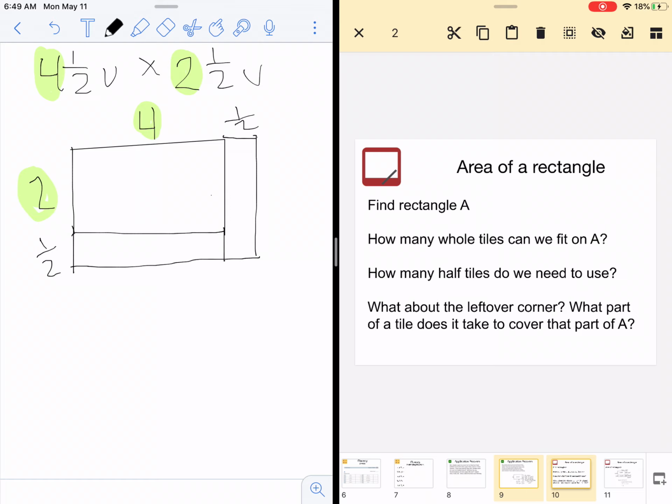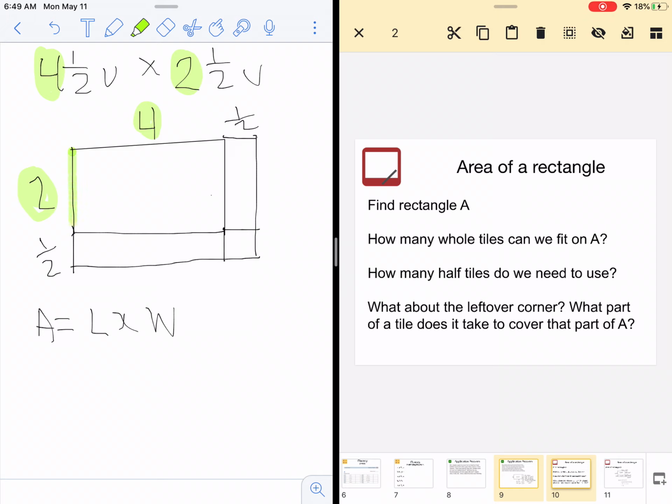So what's the area? How do you find the area here? Area, remember, is length times width. So what we are going to do is find 4 different areas today.